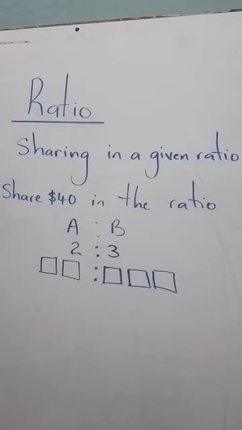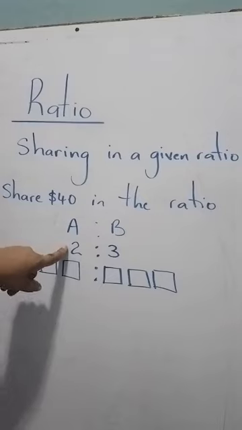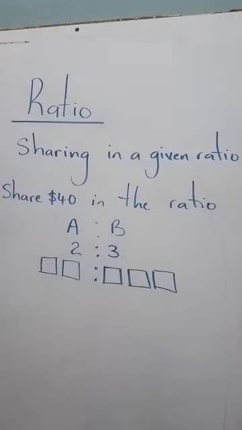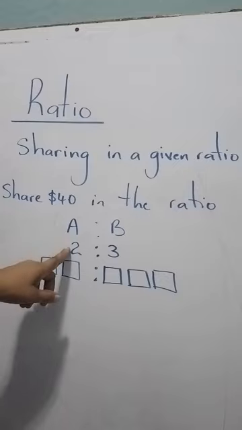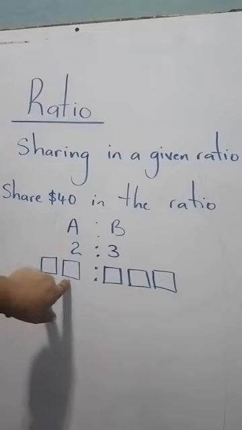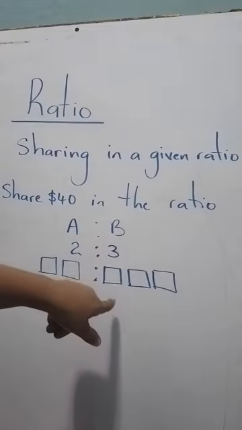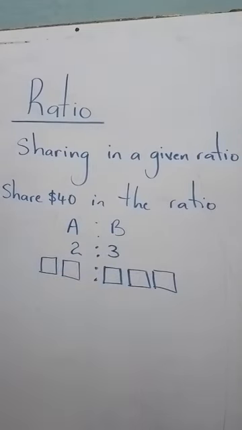It's just saying that whatever is being shared should be shared such that A gets 2 of each part that is being shared and B gets 3. Now, a key concept to ratio is equality. So if A gets 2, the 2's of what A gets must be the same size. And the 3 that B gets must be the same size.